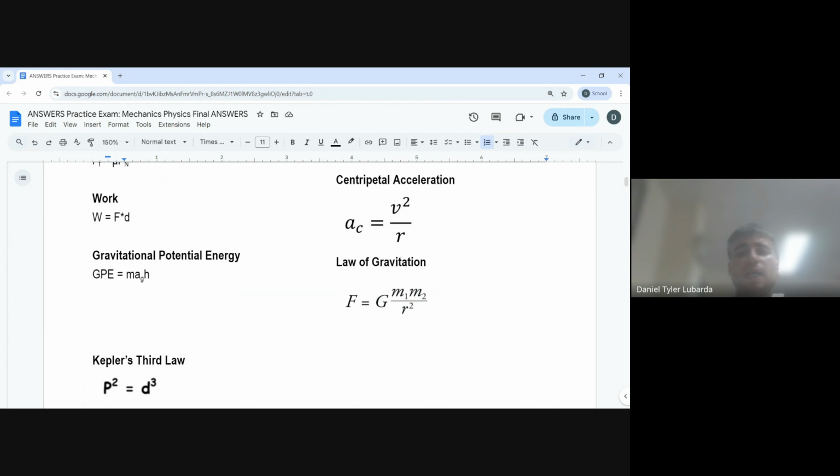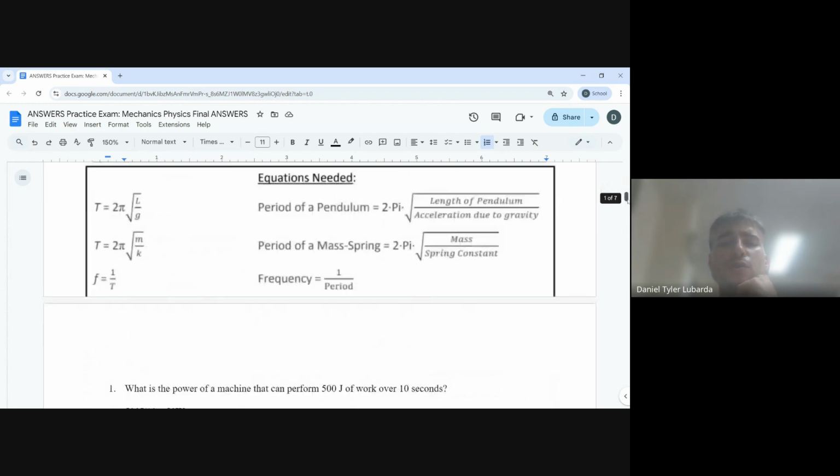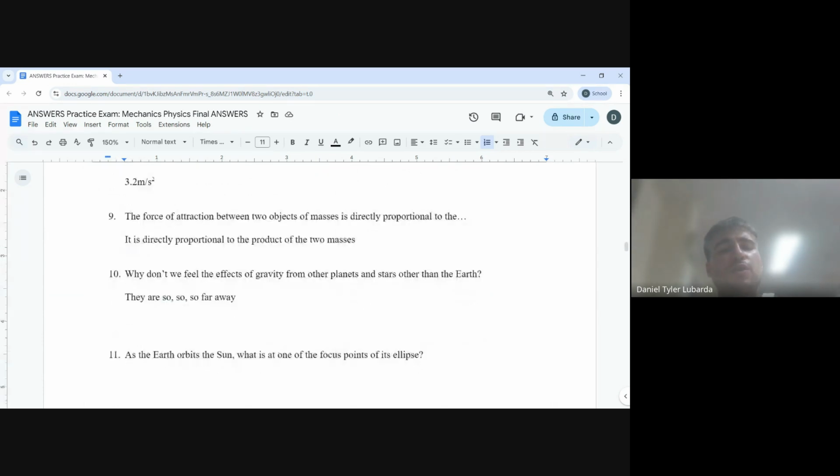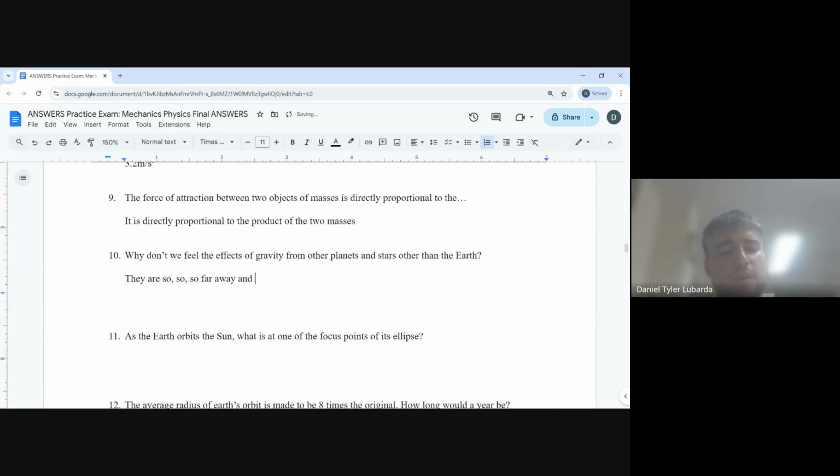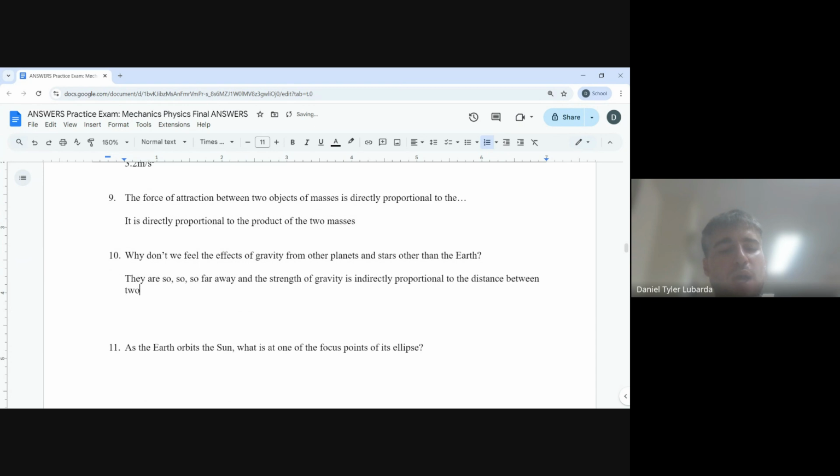It gets counted twice, not just once, but it's the distance times the distance. So any change in distance between two objects has a huge effect. So they're so far away, and the strength of gravity is inversely proportional to the distance between two objects.